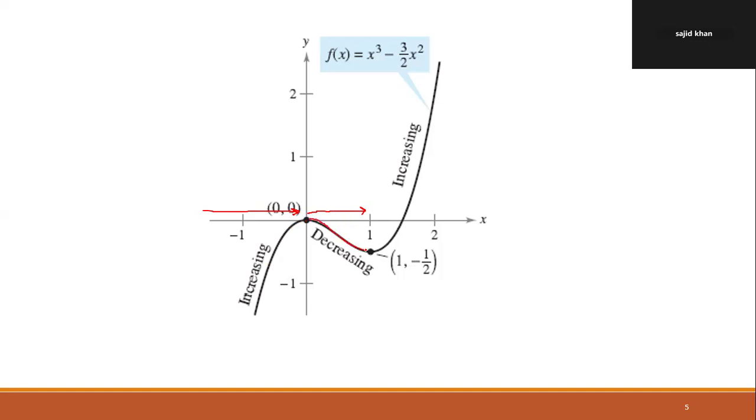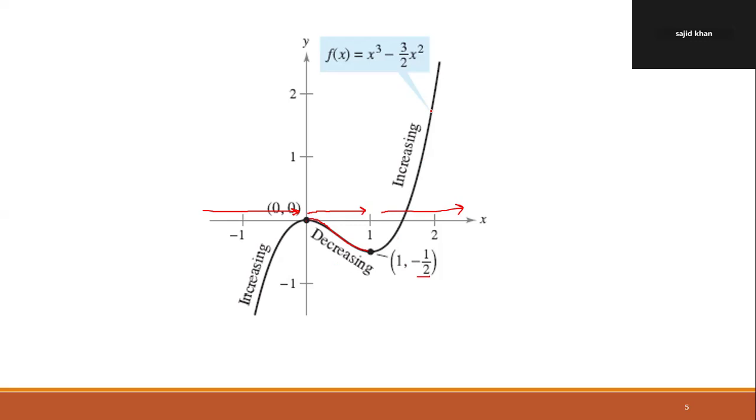The graph goes down towards the value of y equal to minus 1 by 2. So from 0 to 1, the function value is decreasing, and we call this function a decreasing function on the interval from 0 to 1. After the point 1, minus 1 by 2, the function value grows up again, and with the increment of input, it increases and grows up to plus infinity.